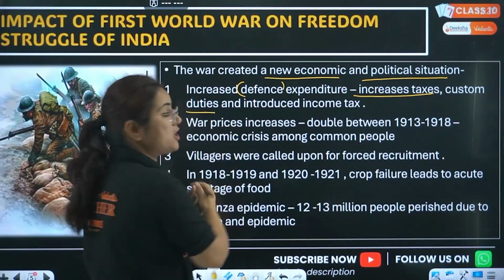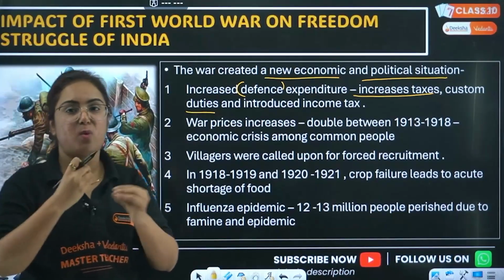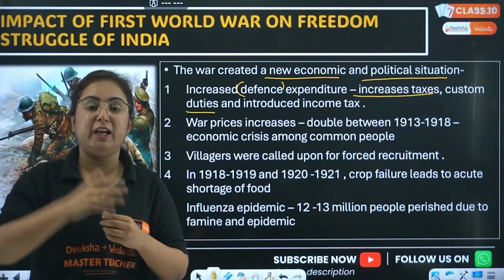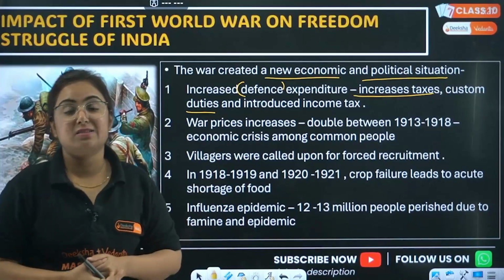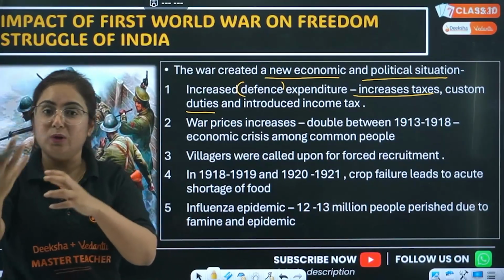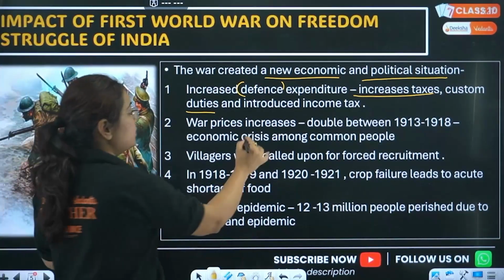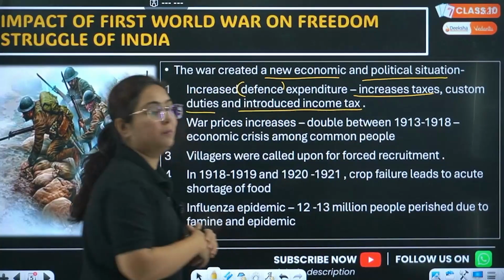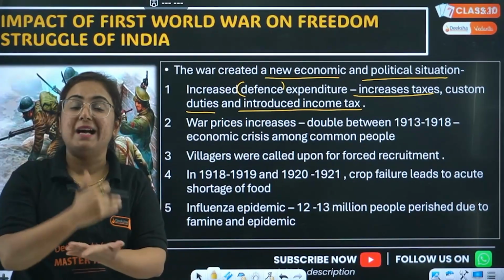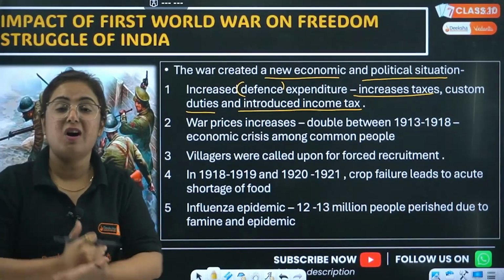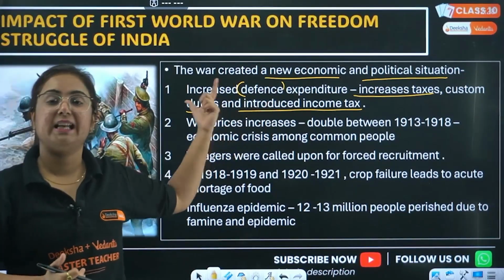They applied harsh customs duties whenever India needed to export products, so that they could extract more taxes. One more new tax was introduced, and that was income tax. The first thing was to take money out of our country by increasing the taxes, because their defense expenditure increased.